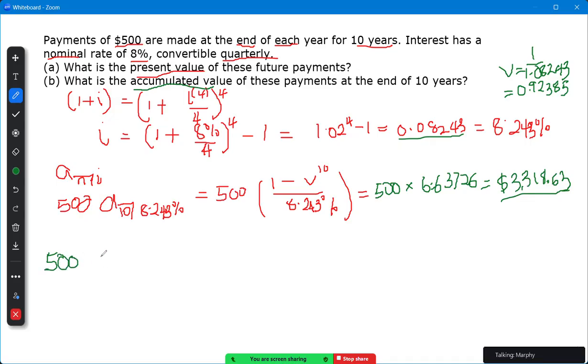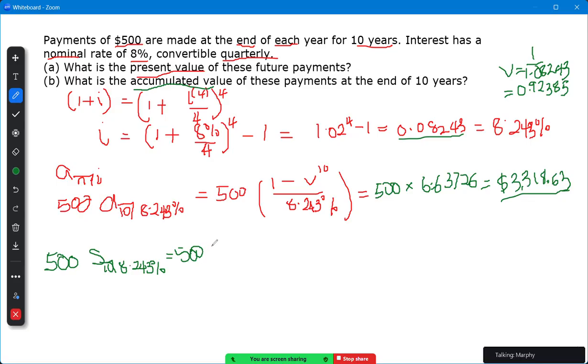And then I'm going to use the future value notation, which is S with the 10 here, and then I, which is 8.243%. And so this is going to be 500. Now, in some cases, you can solve it this way, or better still, you can use this formula actually.